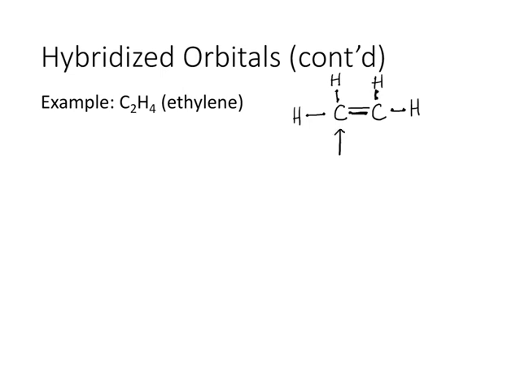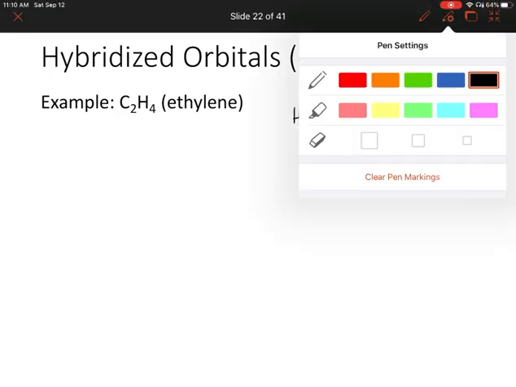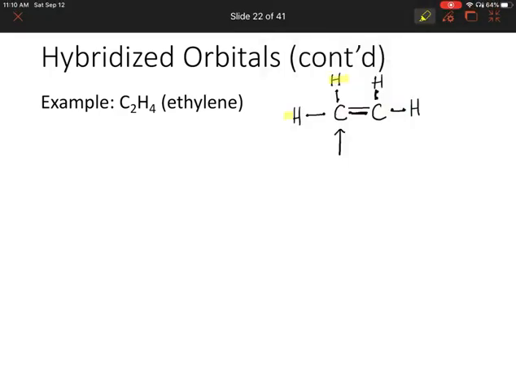How many bonded atoms are attached to that carbon? 3, right? We have 2 hydrogens and another carbon. And let's highlight those just to make it very clear. So those are the 3 bonded atoms or bonded groups. So that means that we have a steric number of 3.